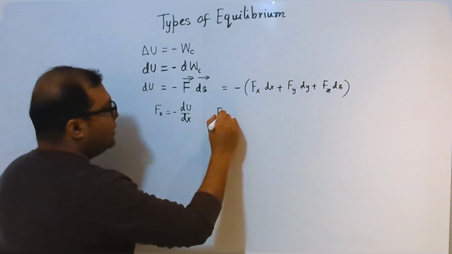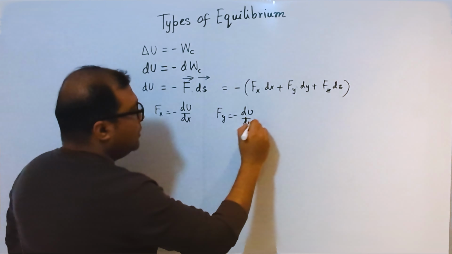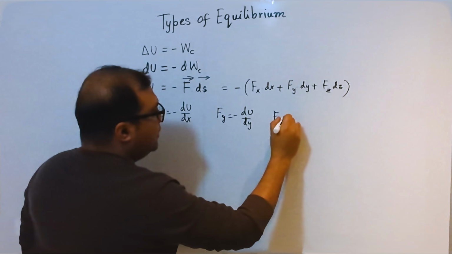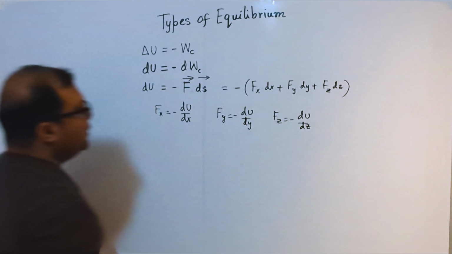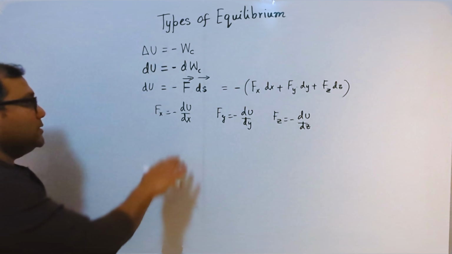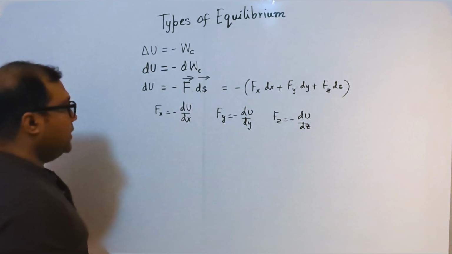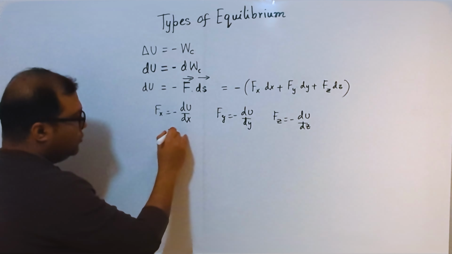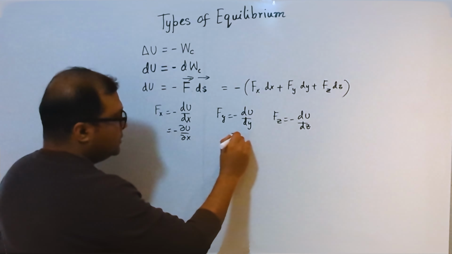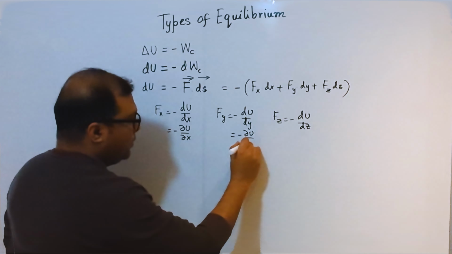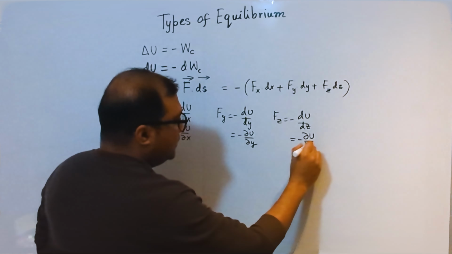Similarly, fy is minus du dy, and fz is minus du dz. More accurately, these are partial derivatives, so we write del u del x, del u del y, and del u del z.